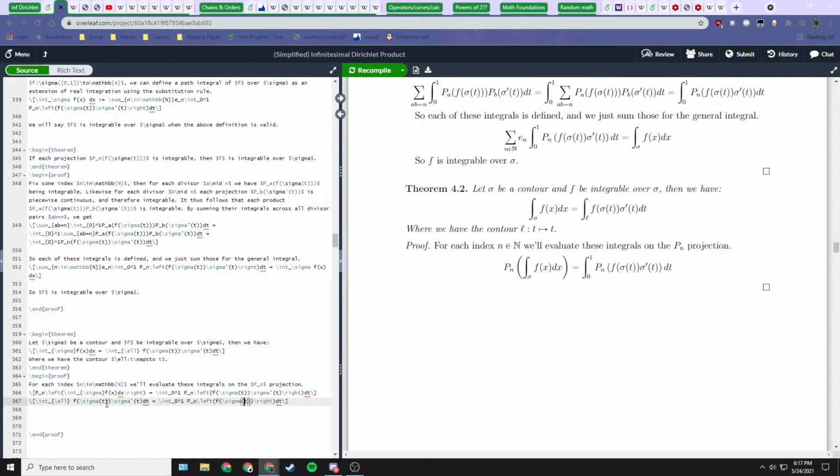Instead of sigma of t, we have L of t, which is just t. But then instead of f of t, our function is f of sigma of t, and then we multiply by sigma prime of t, and that's the same thing. And then we're done. Actually, that's literally the proof.